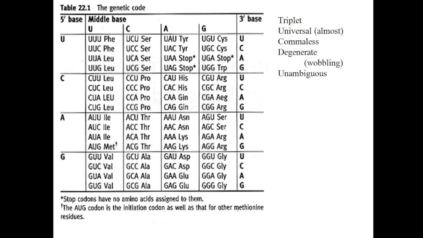Only 2 amino acids are coded by a single triplet: methionine, AUG, and tryptophan, UGG. Other amino acids, you can see, are coded by 2 triplets or 4 triplets, and in one case, for example, leucine is coded by 6 triplets.